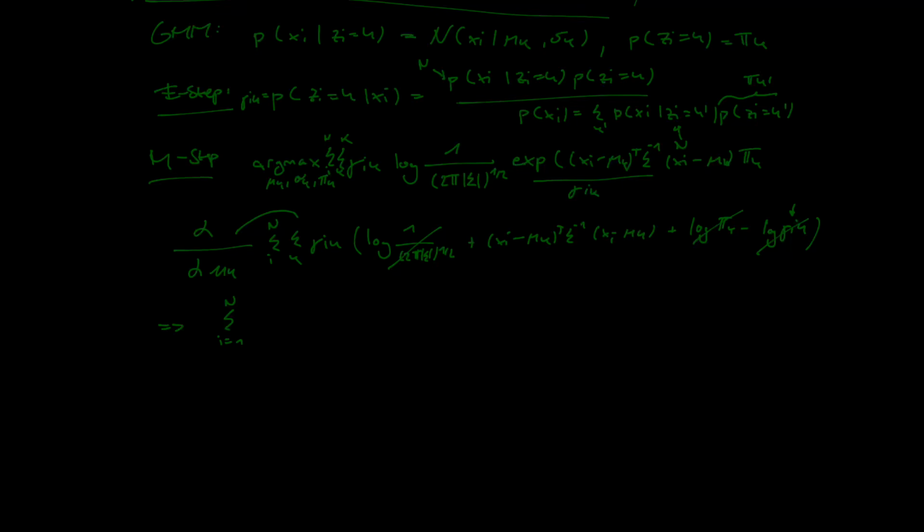So this goes in here, and what the effect will be, since it's for a specific k, the sum over the k's will fall out. So we're left with it like this, and then uk, and we have xi minus mu k transposed like this.